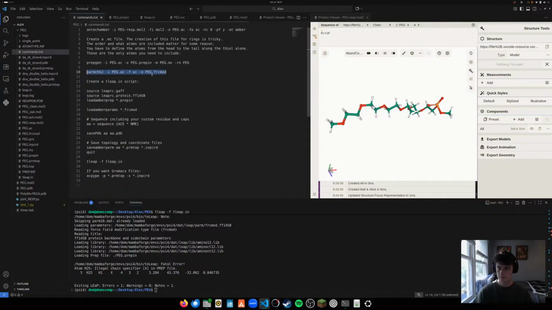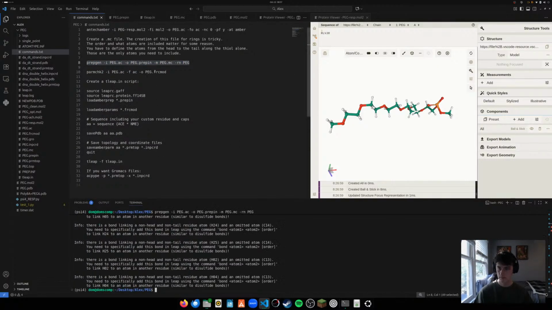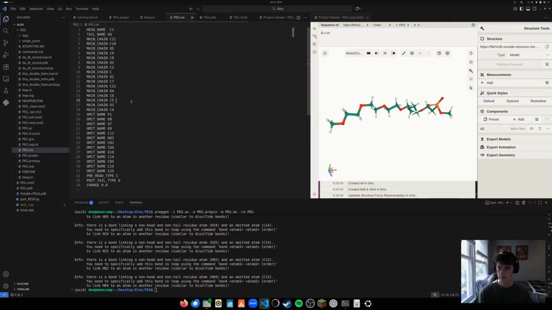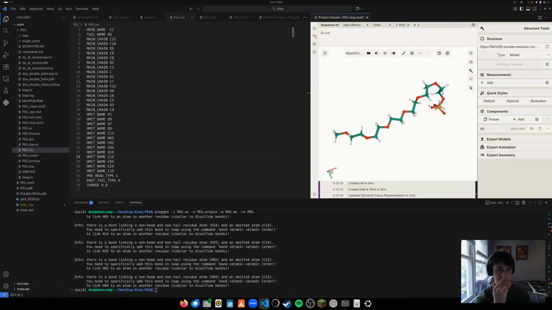Okay. We still have those, but I removed them. Maybe I gotta do, okay, so the head is, what did I say the head was? This is the tail.